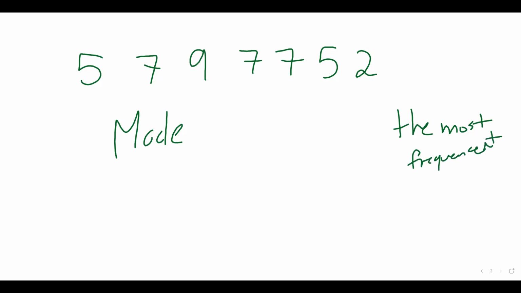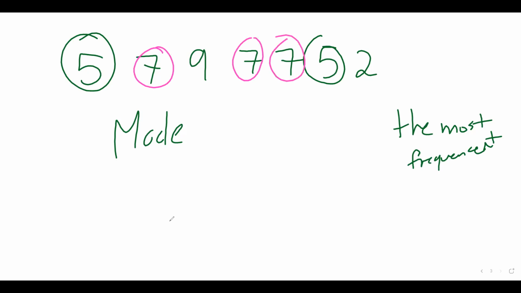Yes, it's 7. 5 is repeated, but only 2 times, and 7 is repeated 3 times. Bravo. If I need to find the mode, I need to look at the most frequent number, which is number 7. 7 occurs 3 times and 5 occurs 2 times. I have to choose the most frequent number. Is it clear?